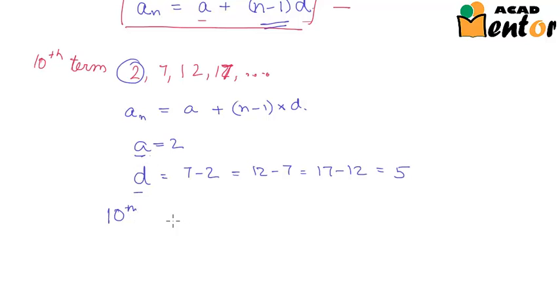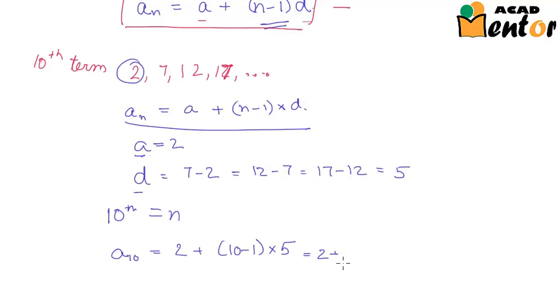So just plug in the values of n, a and d in this relation: a10, the 10th term, would be equal to 2 plus 10 minus 1 into d, that is 5. That becomes 2 plus 9 into 5, or 2 plus 45, that is nothing but 47. So we see that the 10th term of this AP is 47.